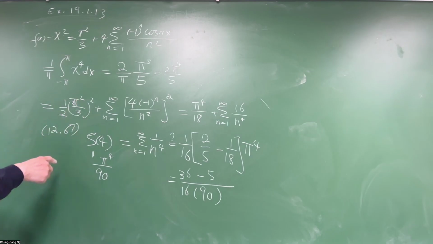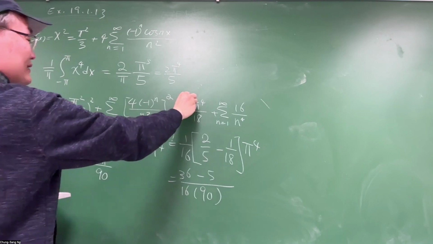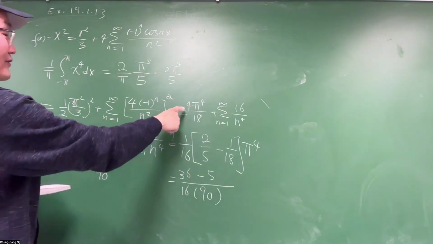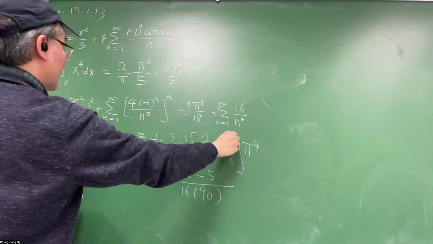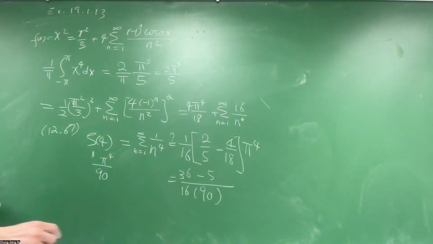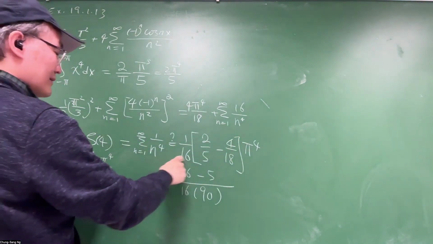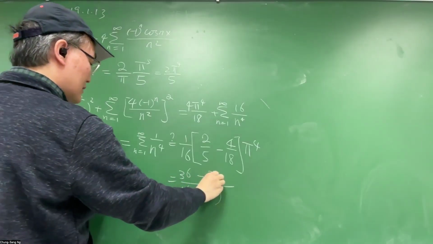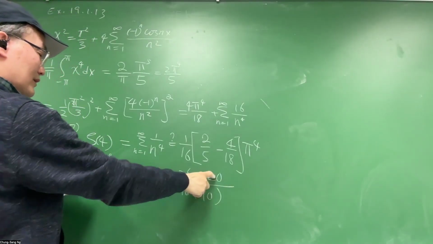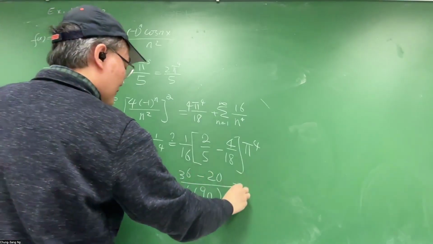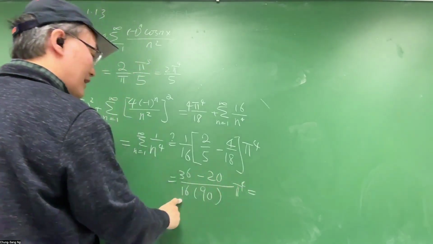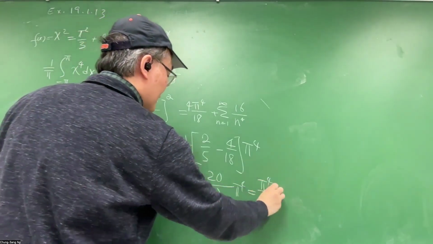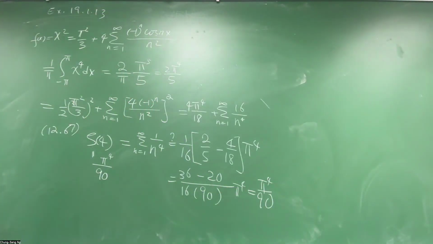So there's a factor of 4 here, a 4th power. Do it together, multiply by 4, so that's 20. 16 times 16 is pi to the 4th. Okay. Correct. That is correct.